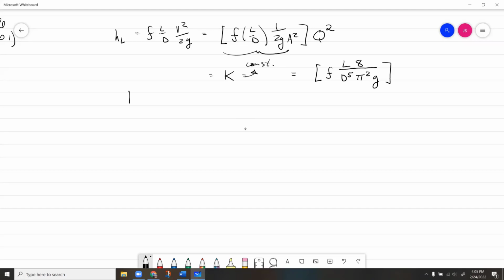So now this gives us a form of the head loss equation as K Q squared. That's pretty simple. If we were to set this up in a spreadsheet, we can plug in all the lengths and diameters, and then solve for F, assuming fully turbulent conditions, to calculate this K value for each particular pipe.